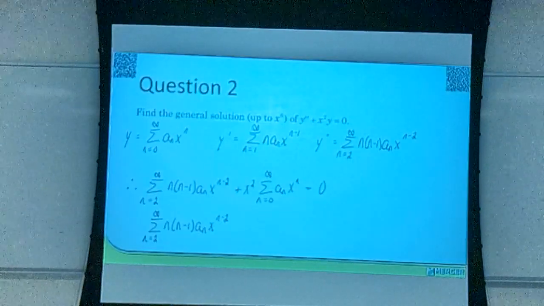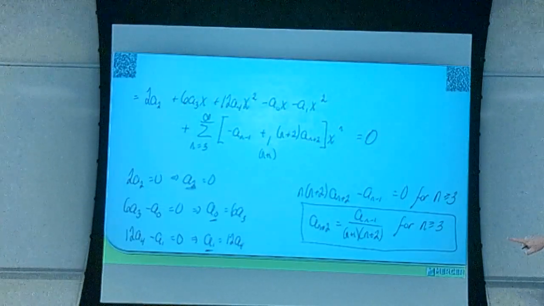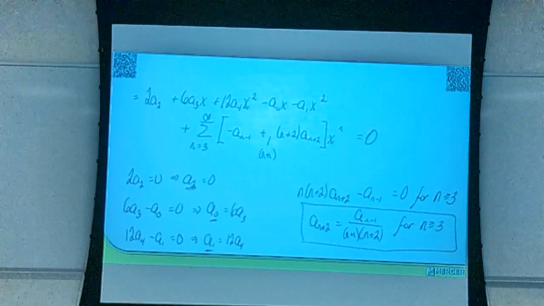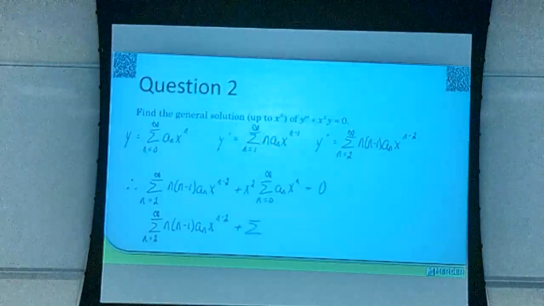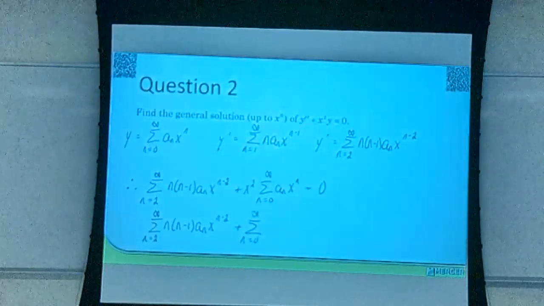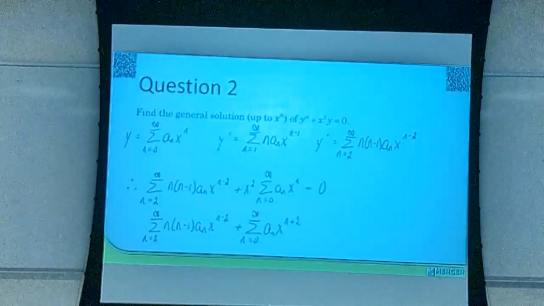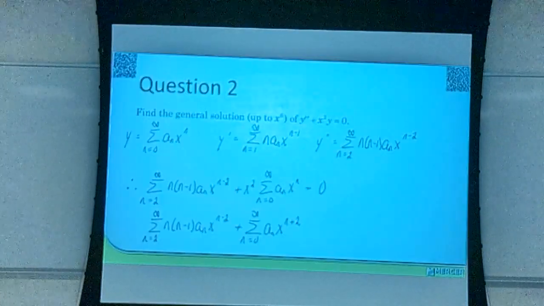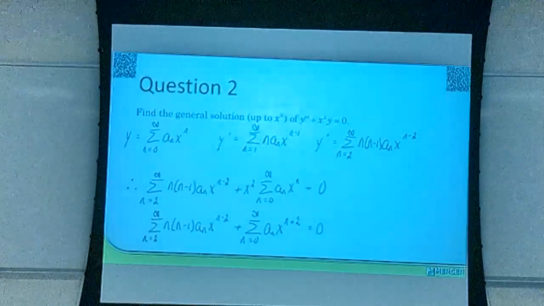If you remember what we did here, I never distributed it. I even left it in the recurrence relation as n plus 1 times n plus 2. Zero.